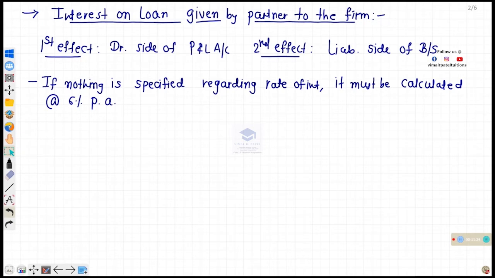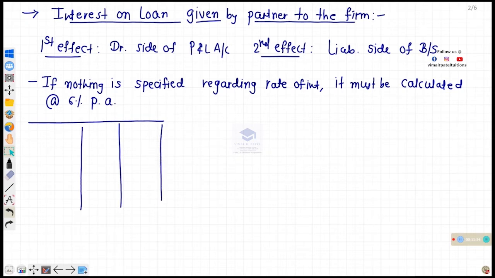Now, see, suppose this is trial balance. 31st March 2021. Debit balance, credit balance.